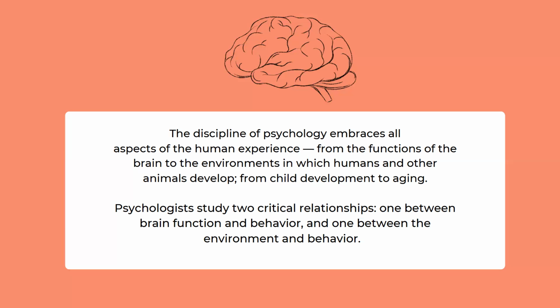If you want to change the behavior of a person, you either change the person's thoughts, their mental function, and that will influence behavior, or you change the environment in which a person is found, and that can also influence behavior. That's what we are looking at when we talk about psychology.